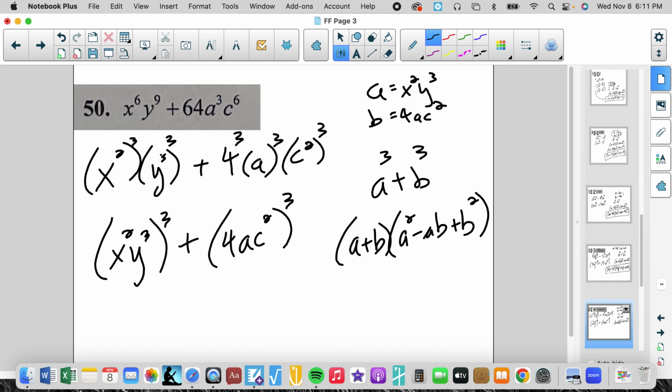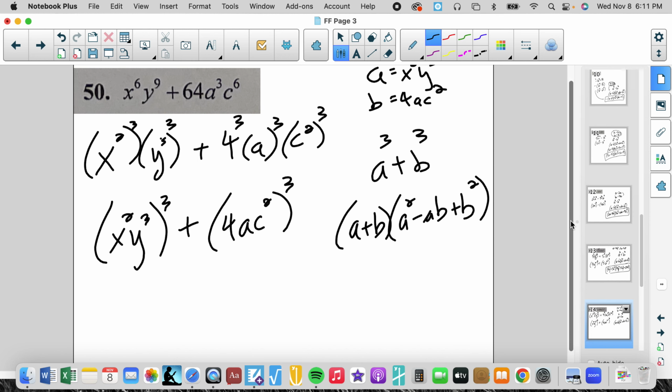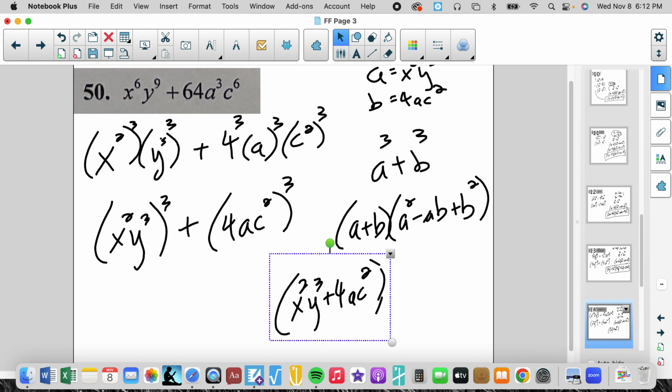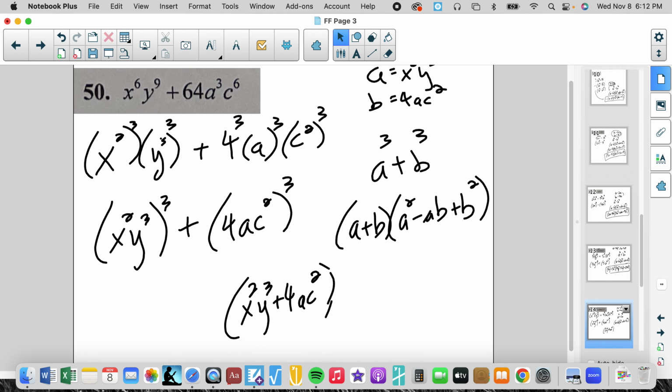All right, so a plus b. A is x squared y cubed plus 4ac squared. I gotta move it over again.